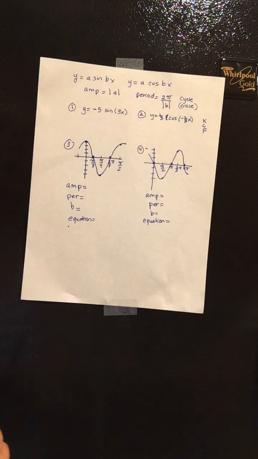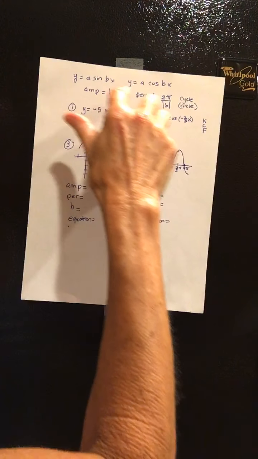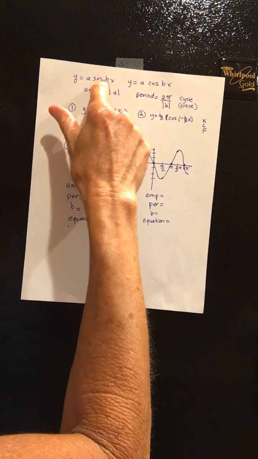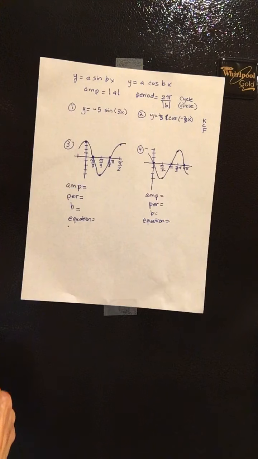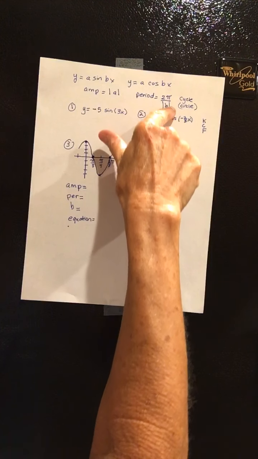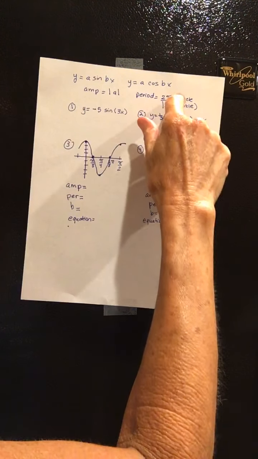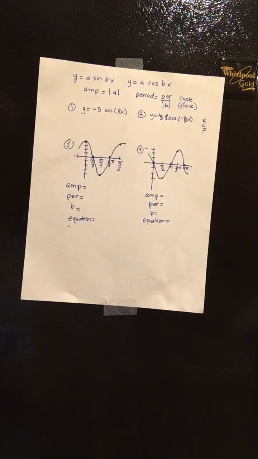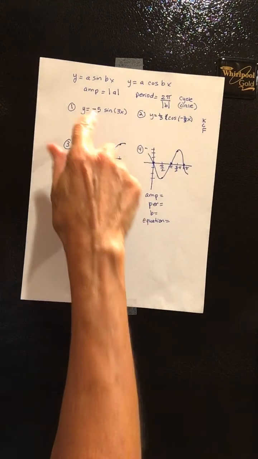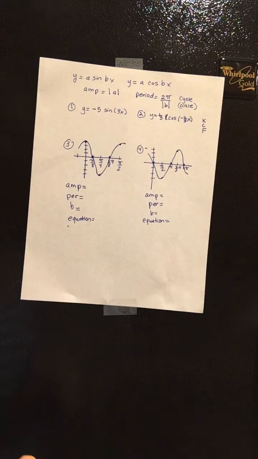It's the absolute value. And then your b is representative of your period, well, it's part of your formula to find the period, and the period is a cycle or the circle, what it takes to find a whole circle or a cycle.